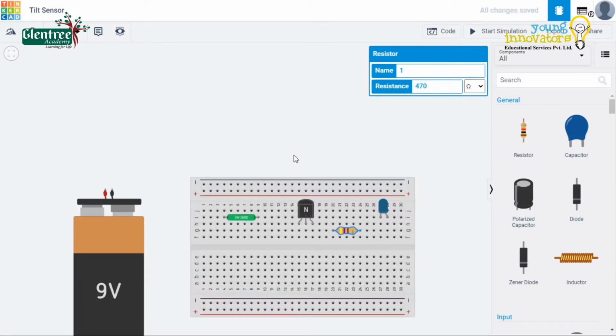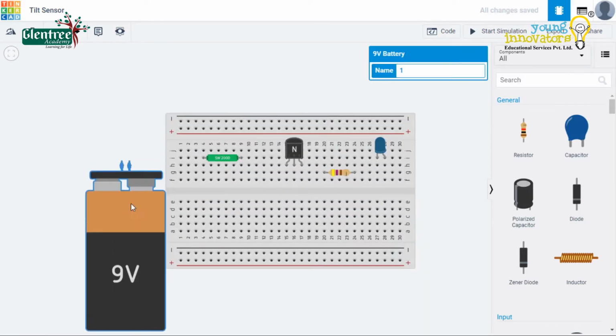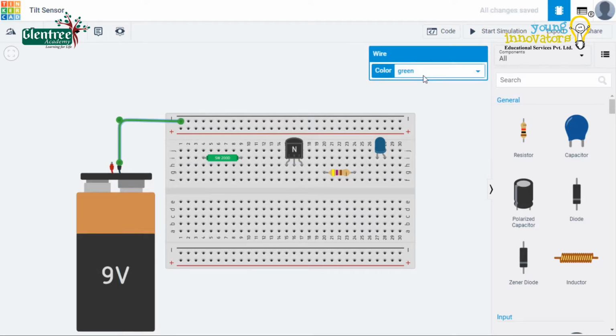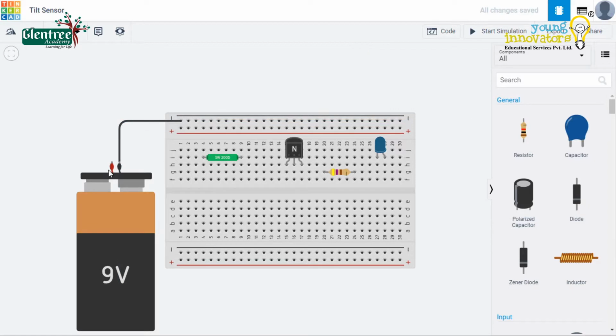Let's start the circuit connections now. First, let's connect the battery to the breadboard. From terminal 1 of the tilt sensor, let's give it to the positive end of the battery, and terminal 2 of the sensor will go to the base of the transistor.